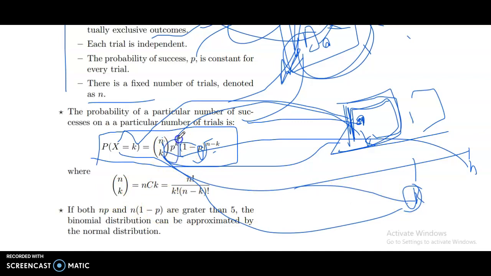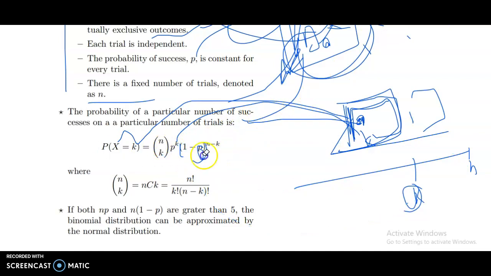P to the power k, where P is the probability of success. Then 1 minus P, the probability of failure, is raised to the power n minus k.